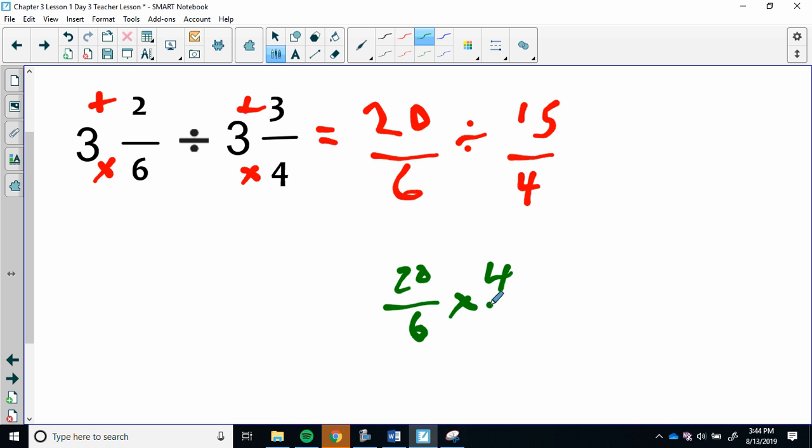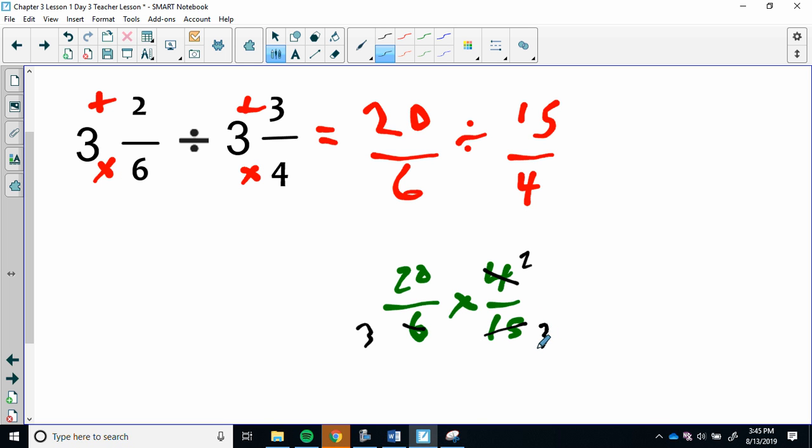Now, I think we're getting to the point where I want to show you one other thing that you can do. I told you that you can multiply the top, you can multiply the bottom, but you can also reduce before. If you look at 6 and 4, what they have in common is 2. 4 divided by 2 is 2. 6 divided by 2 is 3. And if you look at 20 and 15, you can divide them both by 5.